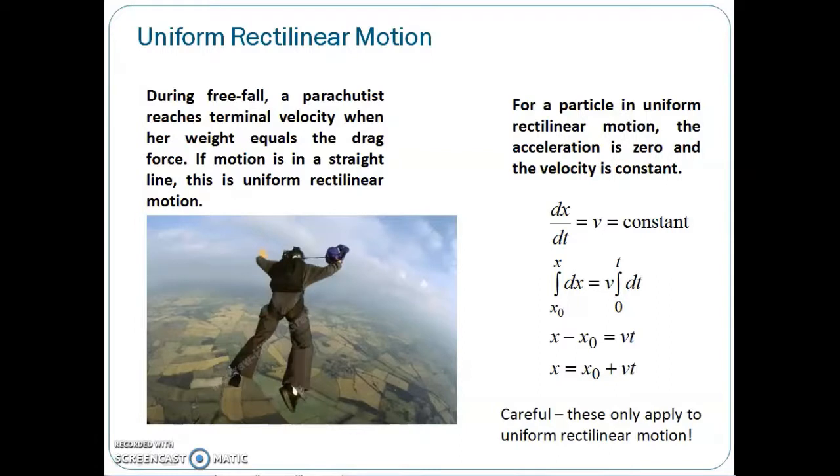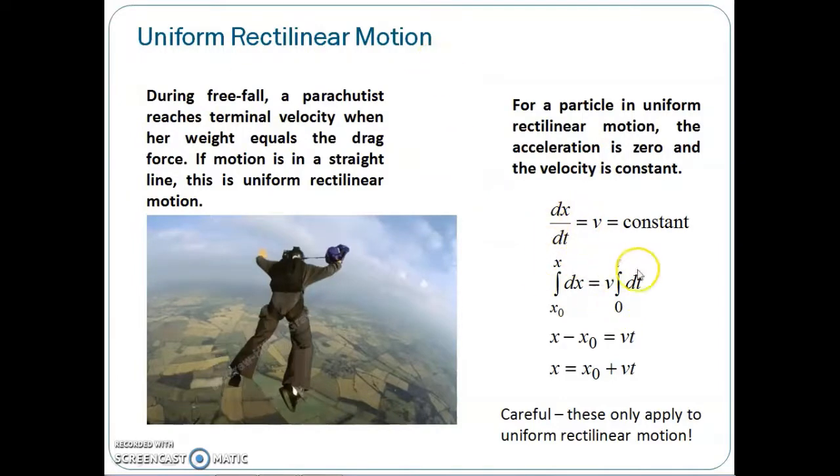So what it means here, for particles in uniform rectilinear motion, the acceleration is zero and the velocity is constant. Recap what we have learned just now, v equals dx/dt. So here the v, or the velocity, is constant. When it is constant, it is called uniform rectilinear motion.